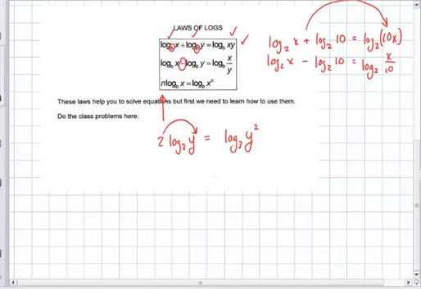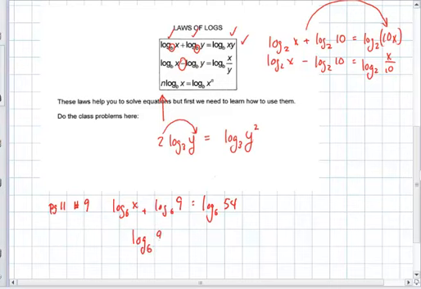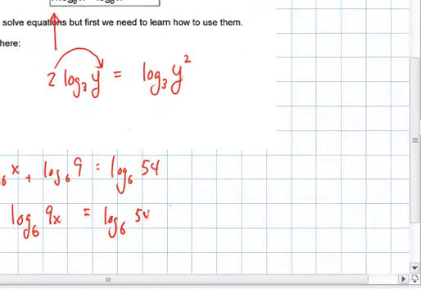If we look on page 11 of our handout, number 9, they start us out with log base 6 of x plus log base 6 of 9 equals log base 6 of 54. You can condense these two logarithms on the left to be log base 6 of 9x, and that would equal log base 6 of 54.